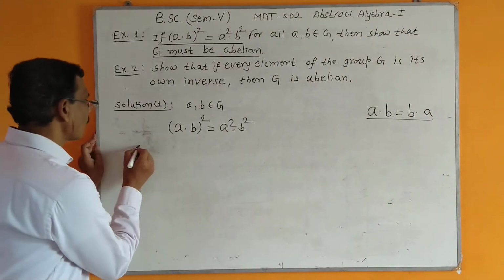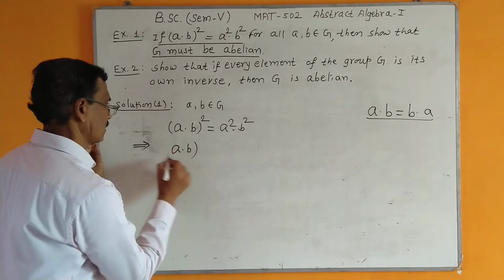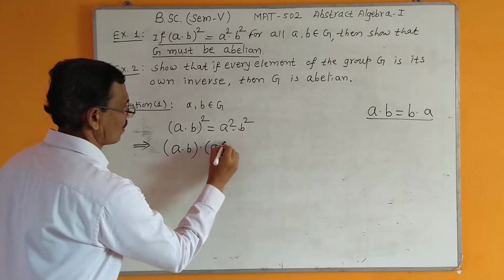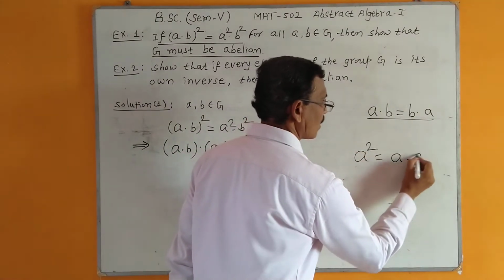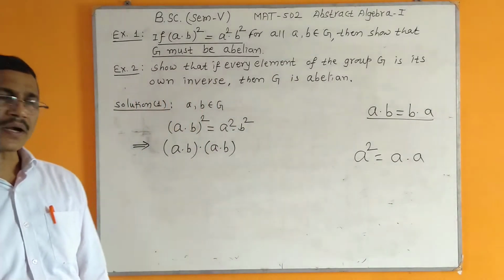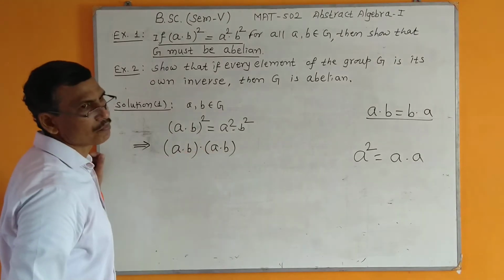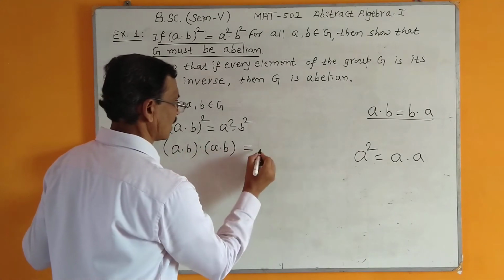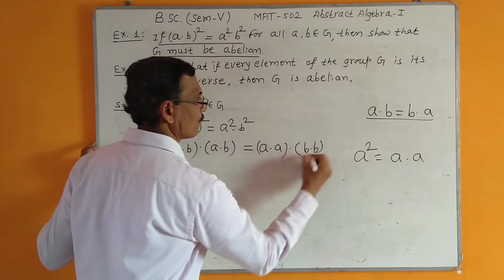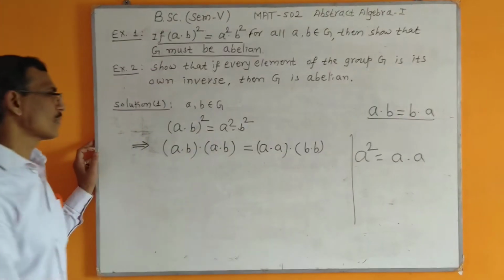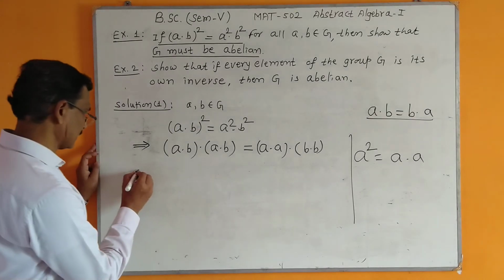Now by the integral power of an element, (a·b) squared can be written as (a·b)·(a·b), because we know that a squared is written as a·a. Therefore, (a·b) squared is a·b·a·b, which is equal to a squared · b squared, that is a·a·b·b. Now apply the associative property.